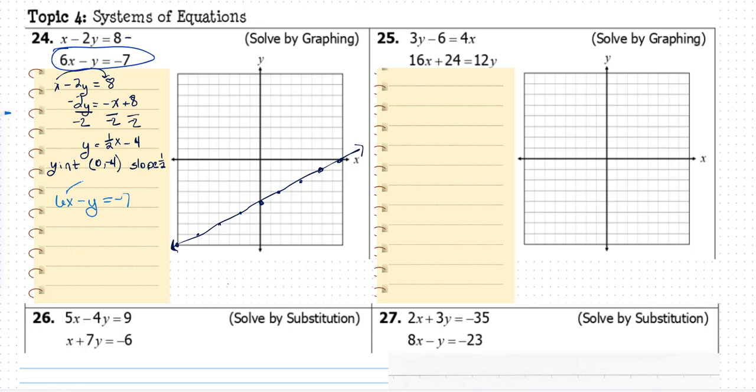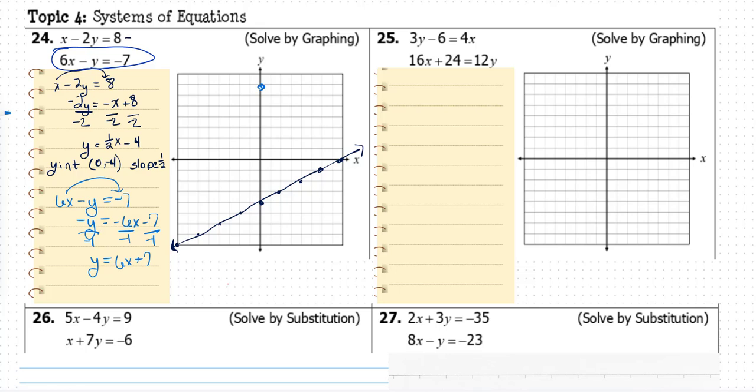So that means I need to move my 6x across the equal sign because it needs to be on the opposite side from the y. So if it's positive on the left, it's going to be negative on the right. Then I'm going to divide everything by -1. And so y is equal to 6x plus 7.